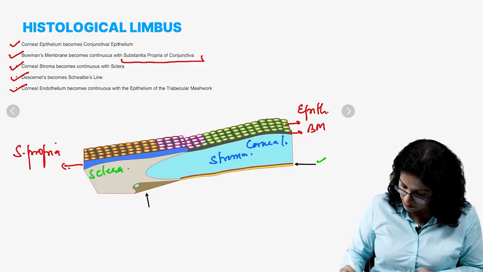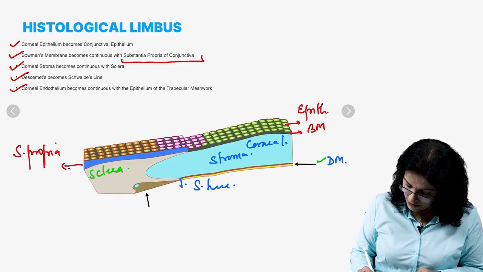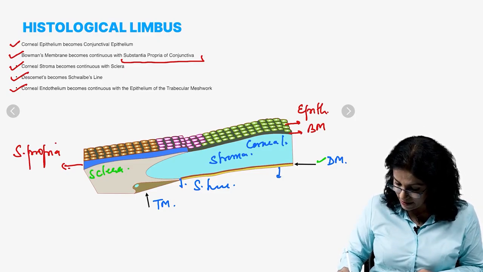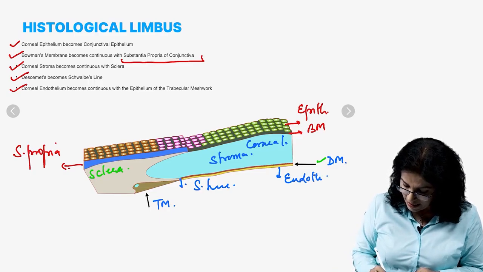The anteriormost part of Descemet's membrane at the angle is called Schwalbe's line. This arrow shows the trabecular meshwork. The endothelial layer finally continues as the epithelial layer of the trabecular meshwork.